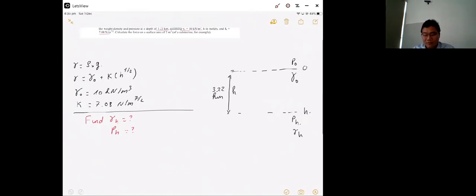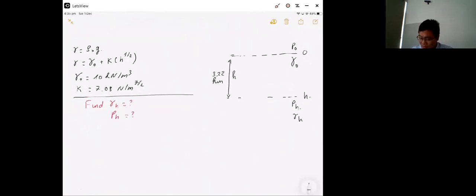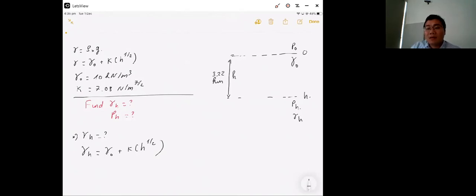You can find the density first, because we have the equation already, the weight density with S. One online student says weight density first, because the weight density at S will be equal to gamma O plus K S1 divided by 2.